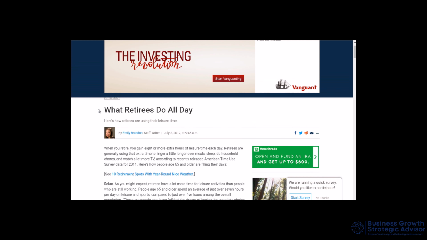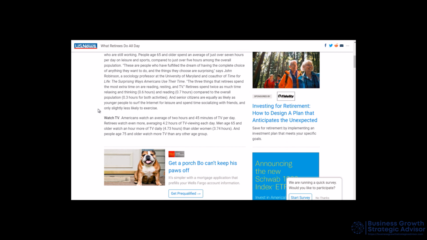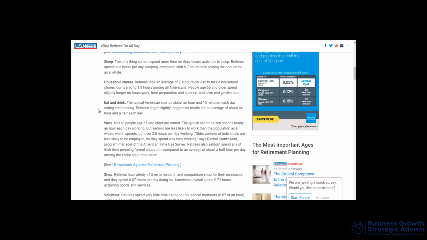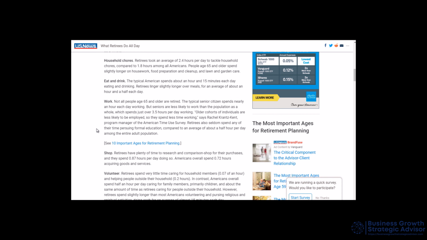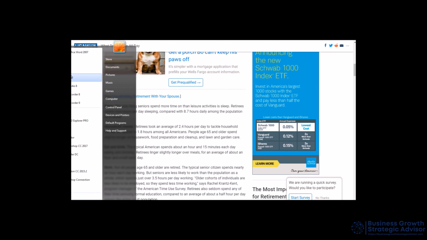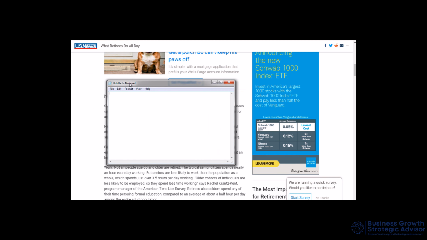So it says here, what do retirees do all day? It says they relax, they watch TV, they sleep, they do household chores, they eat and drink and work and shop and volunteer and so forth. Now, what I recommend that you do is take a notepad and jot down what is actually happening. So when do they wake up? When do they start their day?